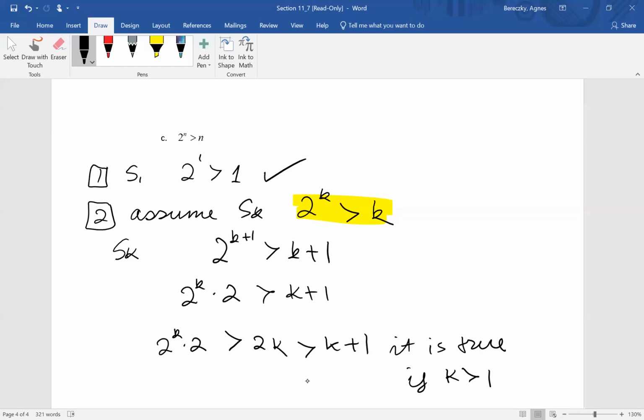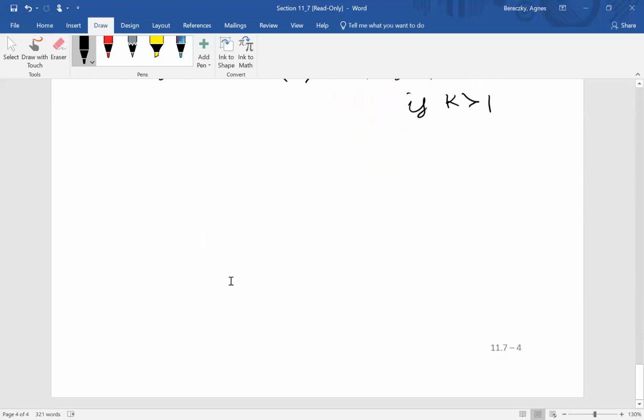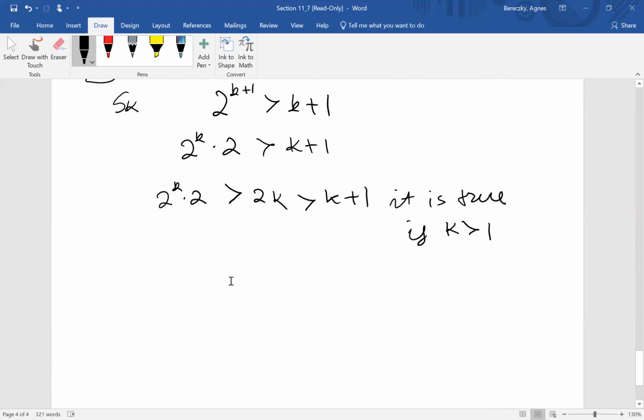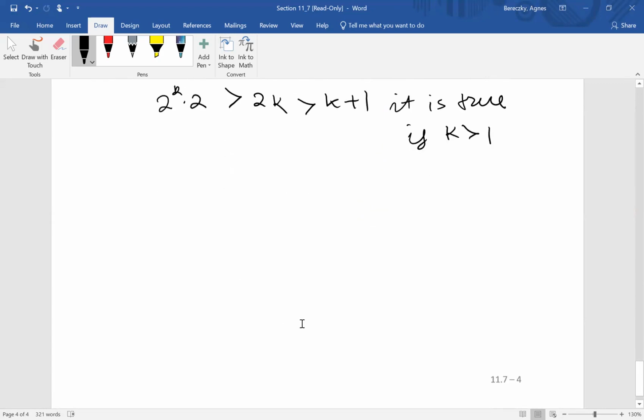And that's what we wanted to prove. And this is the end of section 11.7.